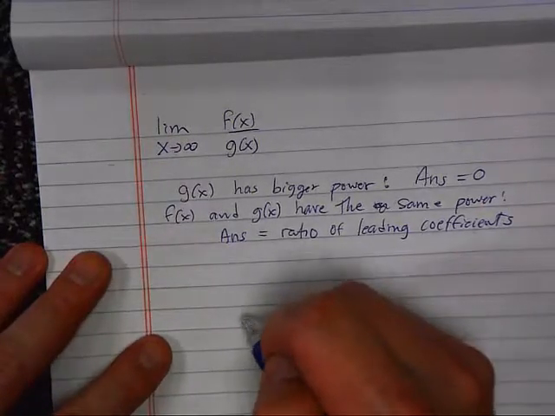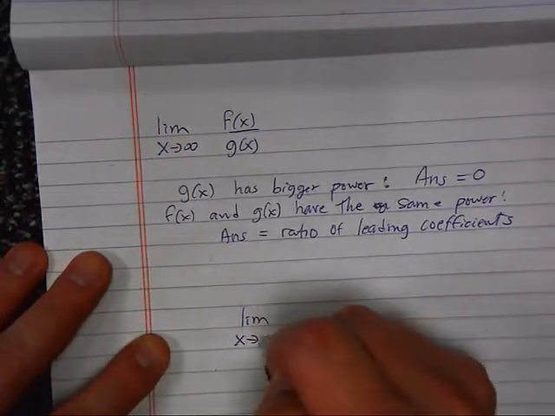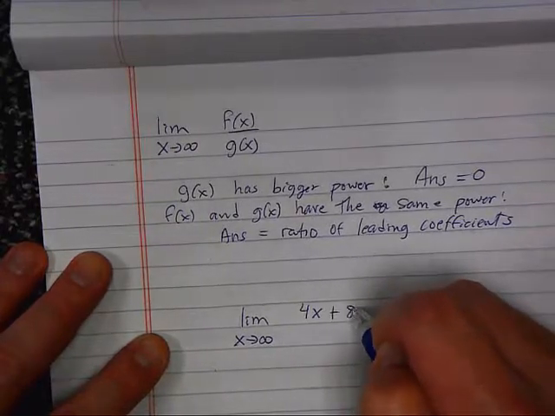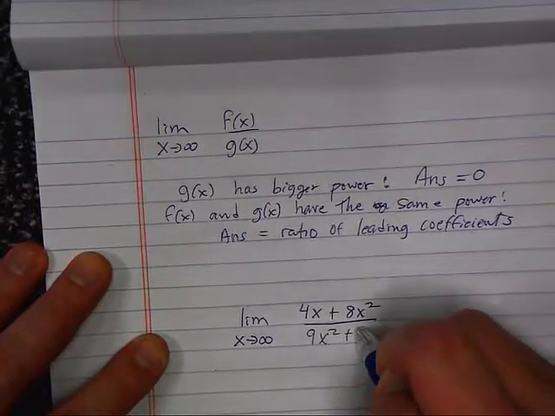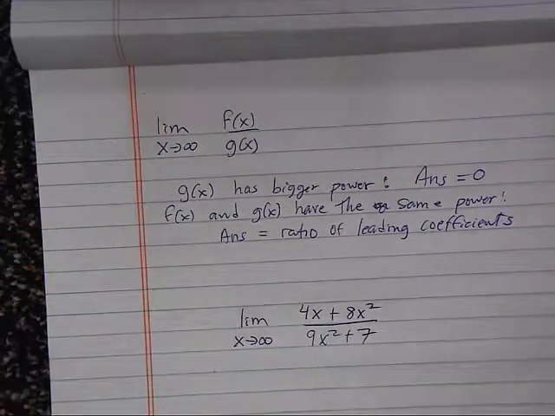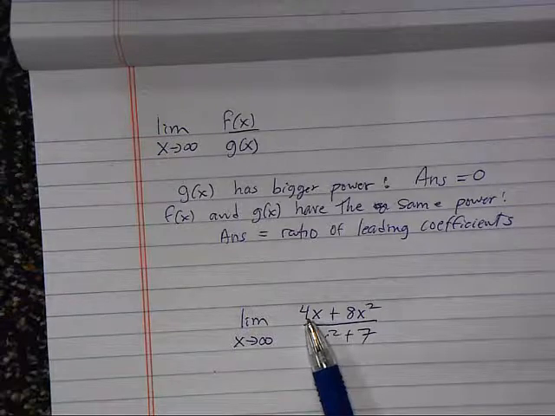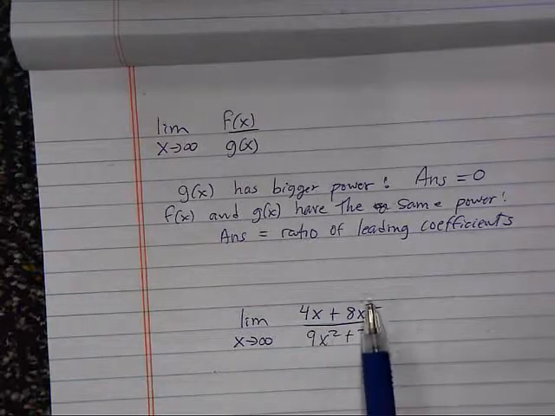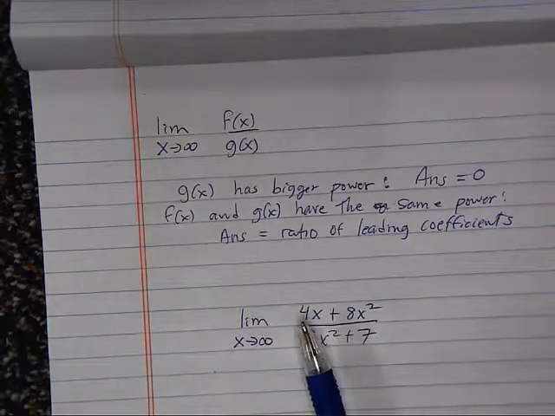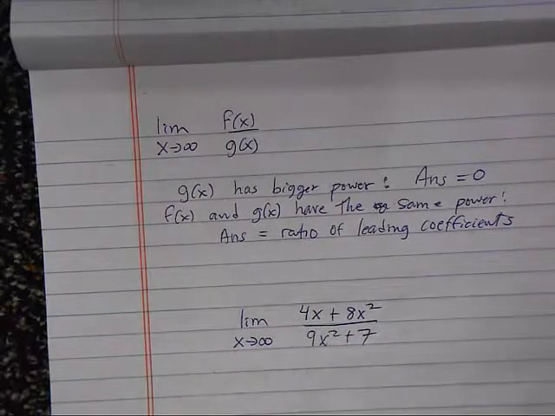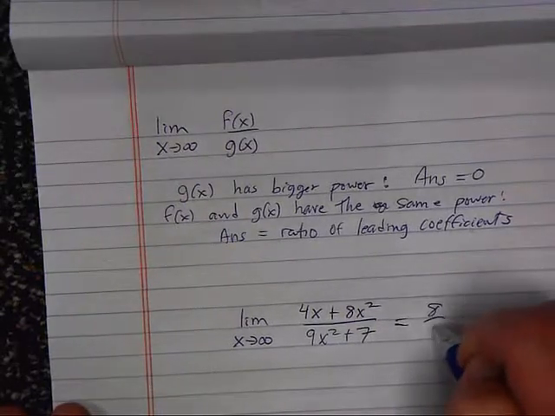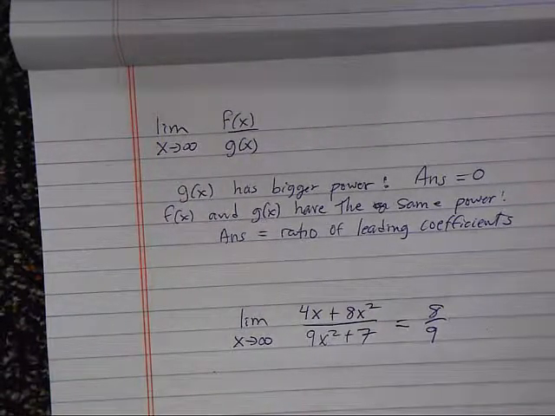So if I had something like limit as x goes to infinity of 4x plus 8x squared divided by 9x squared plus 7, what are the leading coefficients? 8 and 9. 4 is not the leading coefficient, even though it came first. How come 4 is not the leading coefficient? Because it doesn't share the biggest power. This polynomial on top is not written in the right order, is it? Polynomials are supposed to be written so the biggest power comes first, and then the powers get smaller. So you're absolutely right. When I say leading coefficient, I mean the one with the biggest power. That one would just be 8 ninths.